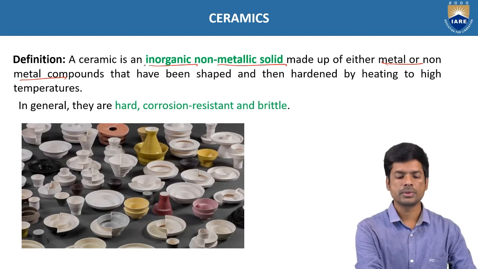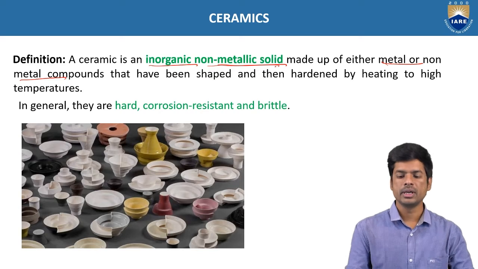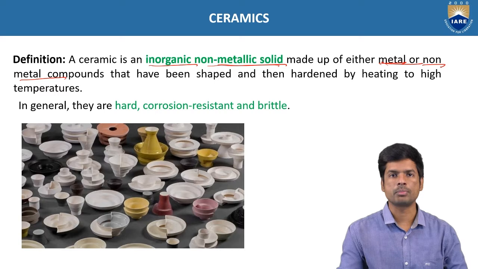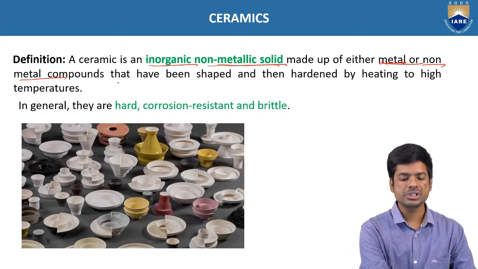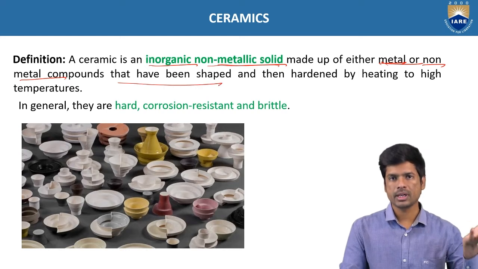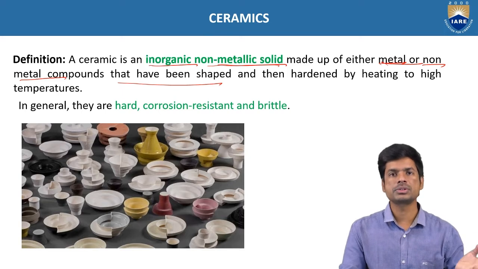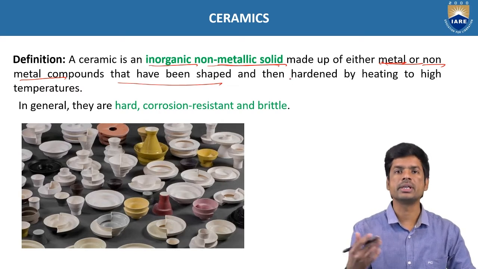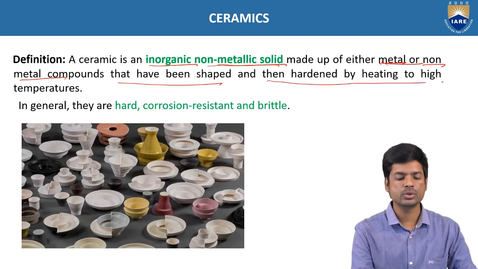So when you prepare any material with an inorganic non-metallic solid, that may be with metals or non-metals, it may have metal compounds or non-metal compounds. After collecting these materials, we make the clay or material into a shape, and then we heat it. It is shaped and then hardened by heating to very high temperatures.